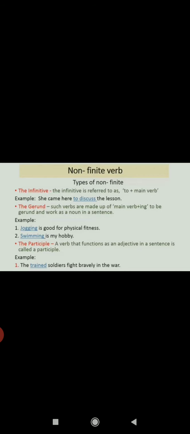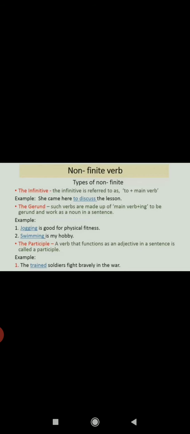The next one is the gerund. Such verbs are made up of main verb plus ing and work as a noun in a sentence. Example: jogging is good for physical fitness. Swimming is my hobby. So students, here jogging, swimming, all these are gerunds.